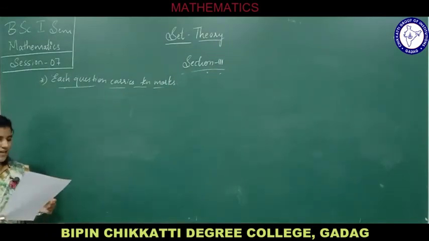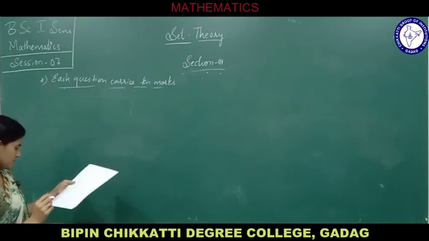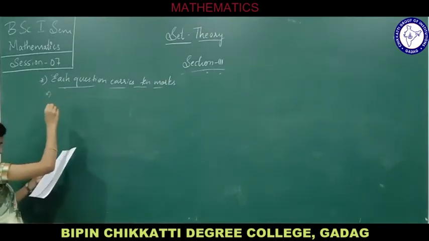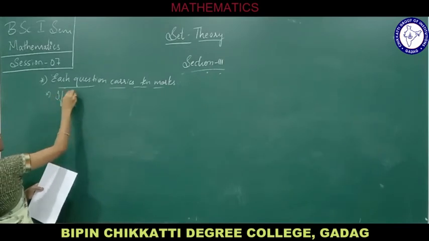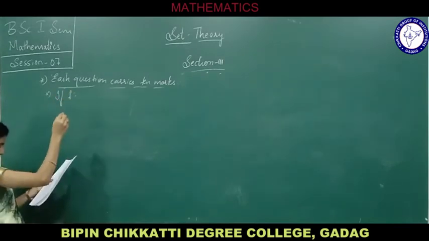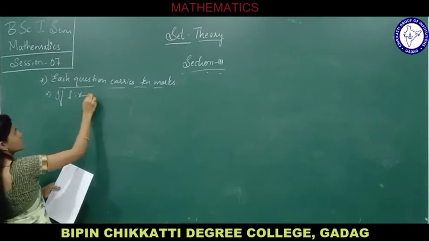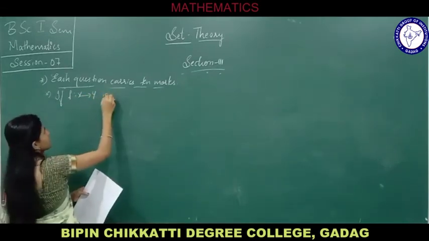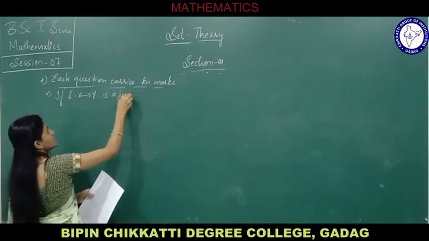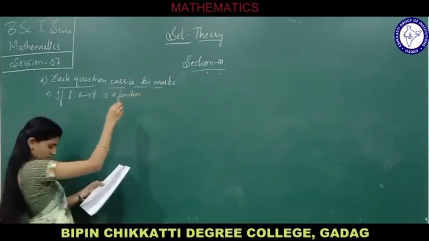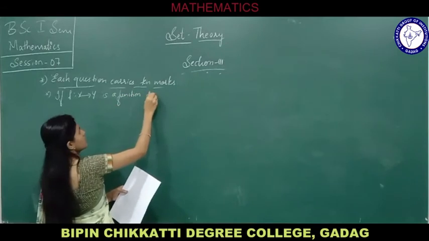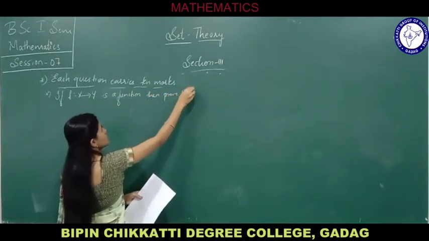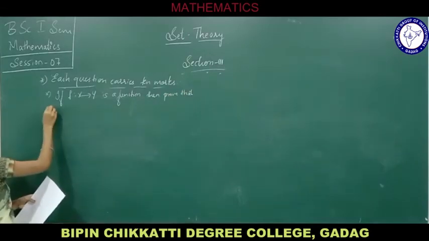They have given that if f is a function from X to Y, then prove that. What we need to prove?